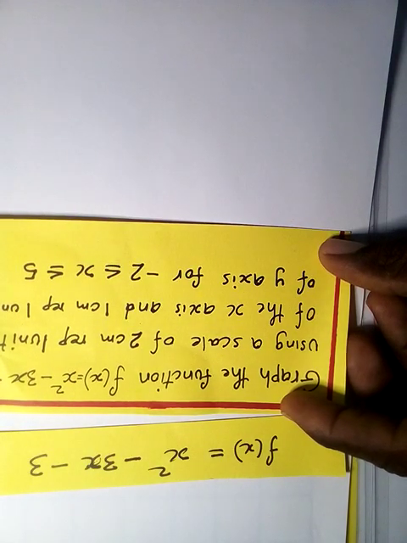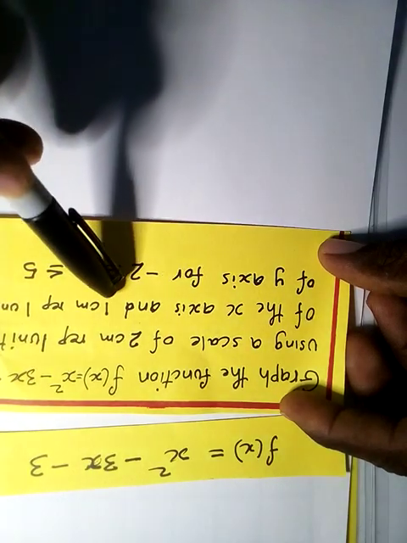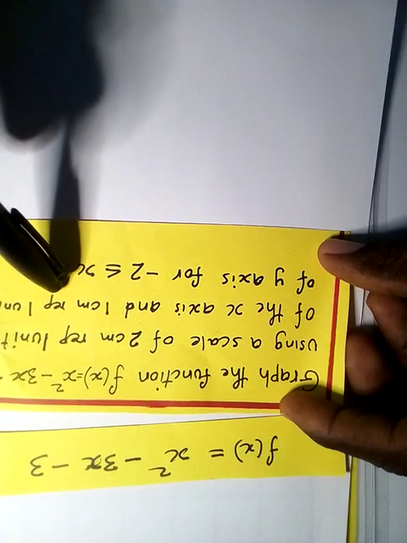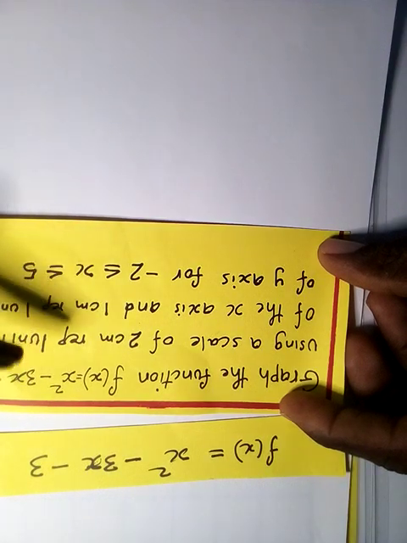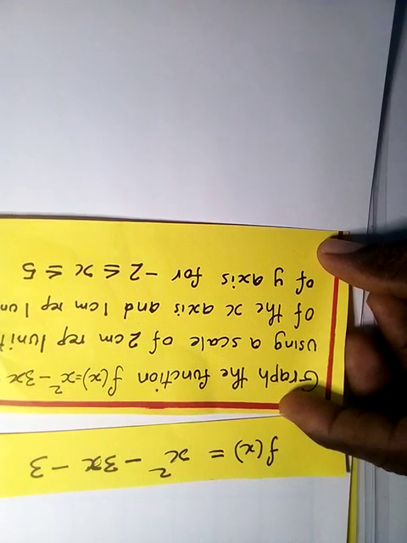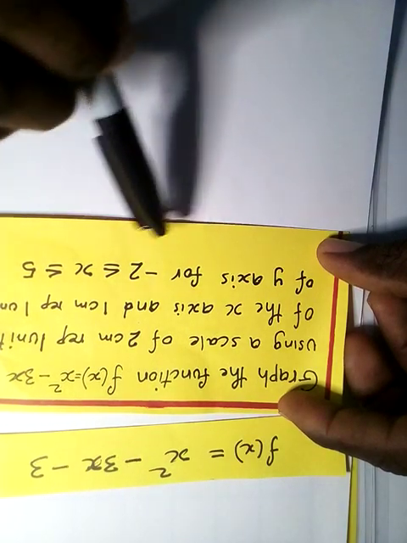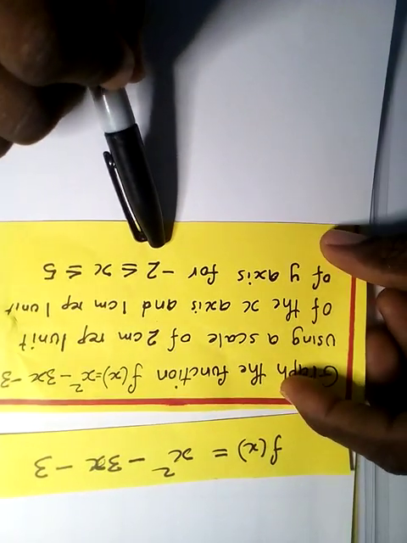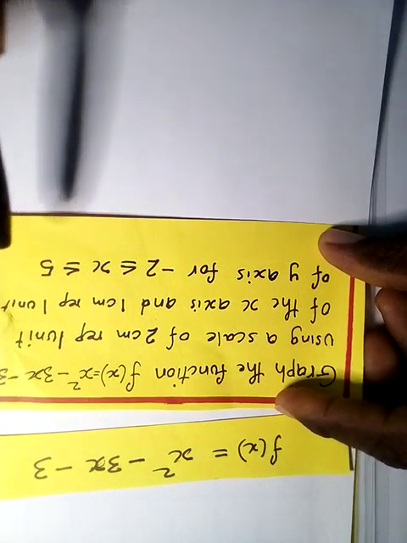However, on the y-axis, the scale is represented by 1 centimeter to 1 unit. So every 1 space or 1 centimeter, we're counting by a series of 1 going up to the positive side or down to the negative side of the y-axis. For negative 2 less than or equal to x less than or equal to 5.